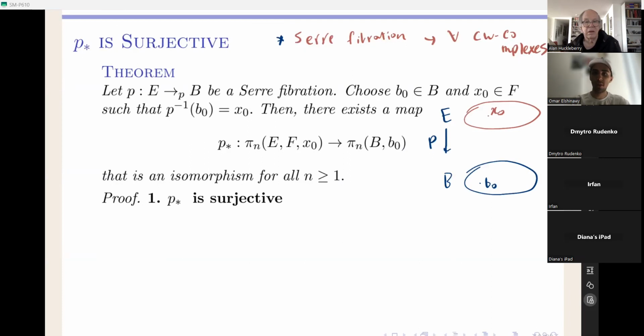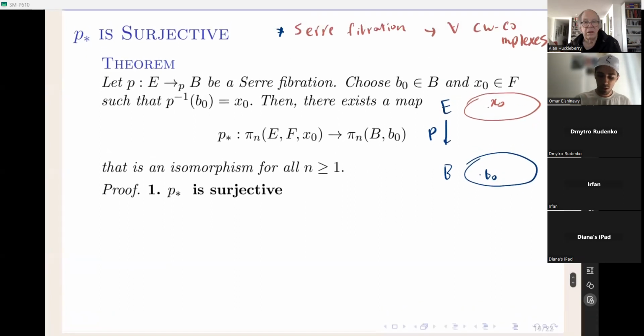So if you will give me a moment here. Yes, so how do we prove that it's surjective? Well, choose a map in the codomain. And then what does this map look like?